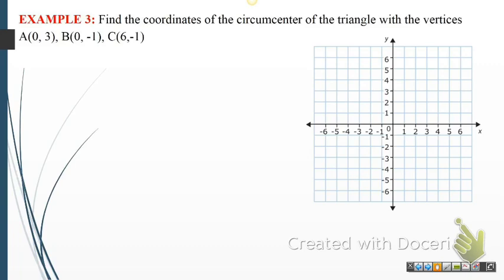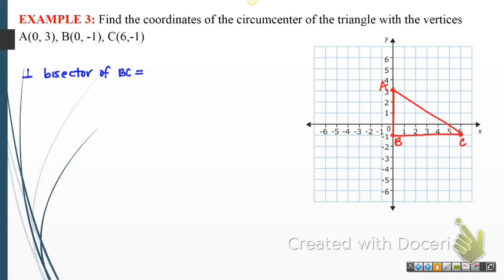So I'm going to start by plotting these vertices. So I've got A, B, and C. And then I'm going to connect those vertices together so I make a triangle. And I need to think about where does the circumcenter live. So to find the circumcenter, the first thing that I need to do is find the perpendicular bisector of side BC.